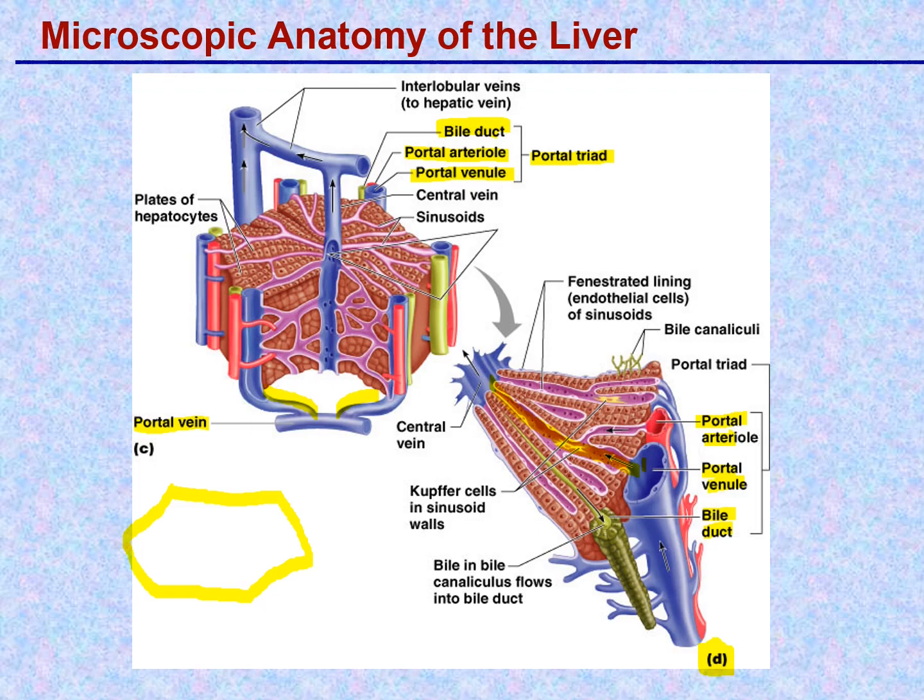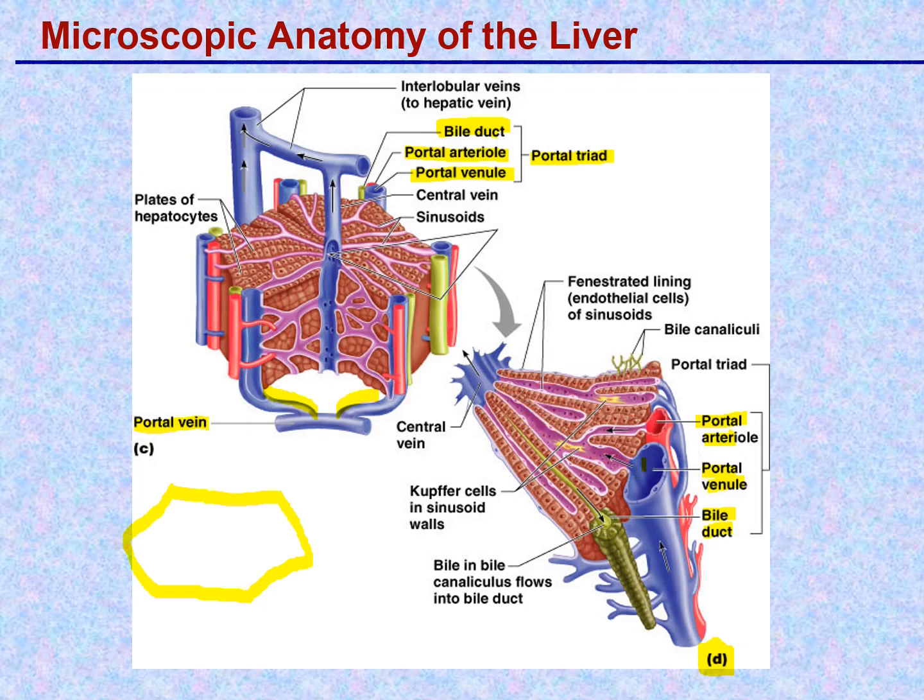hepatocytes. These rows of hepatocytes are called cords. You can see a row of hepatocytes here, there's another row there, there's another row there, here's a row of hepatocytes. Let me get rid of what I just drew.